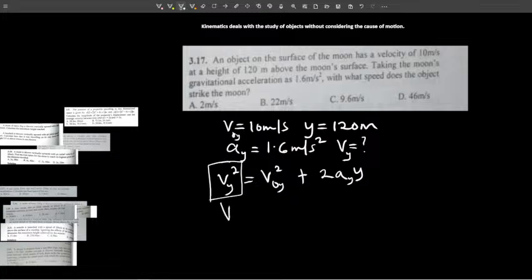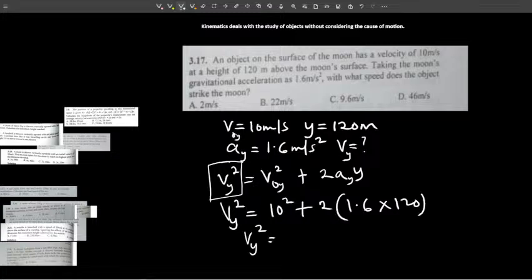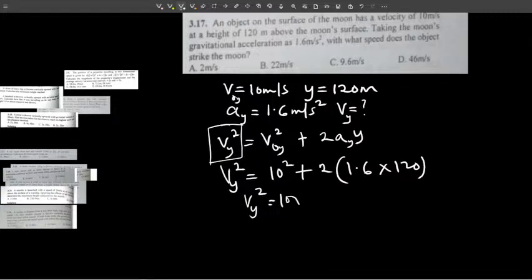vy all square is equal to v naught y, which is 10, so that'll give me 10 square plus 2 into bracket 1.6 times 120. So v square in the y direction is equal to 100 plus, let's multiply this, 1.6 times 120 times 2, which gives me 384.